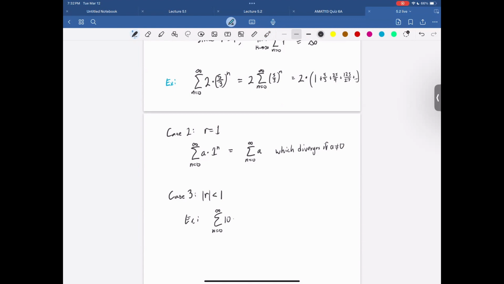Let's even skip the 10. Let's just make it 1/2 to the n. Well, we know that's going to be 1 plus 1/2 plus 1/4 plus 1/8, and so on.